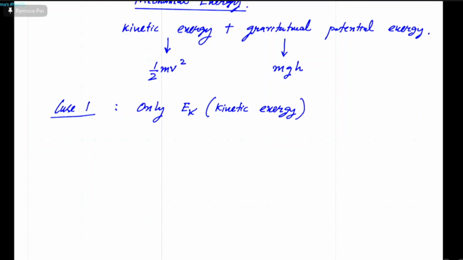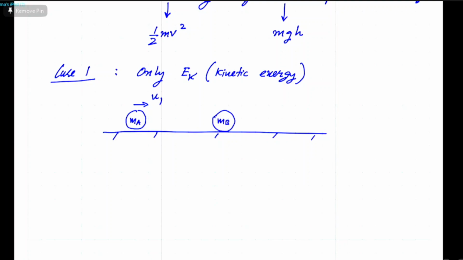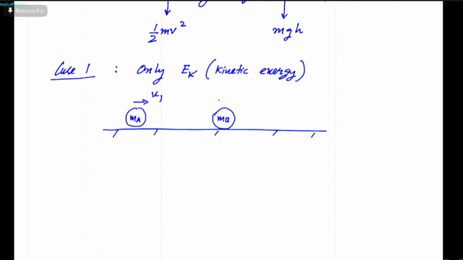Now, suppose this is your ground. So, mass MA is moving with UA velocity and MB mass moving with UB velocity. So, I would say UA velocity and UB velocity. Right?